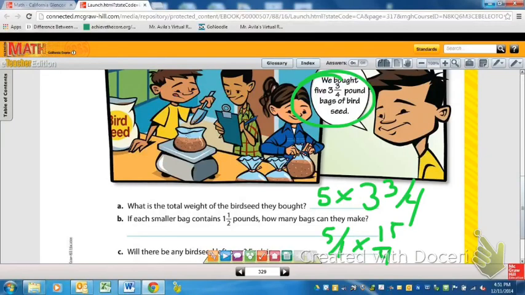Now they're not going to do the KFC here because this is multiplication. They're just going to go ahead and multiply it straight across. You get 75 over 4, which once they change that to a mixed number, they're going to get 18 3/4.